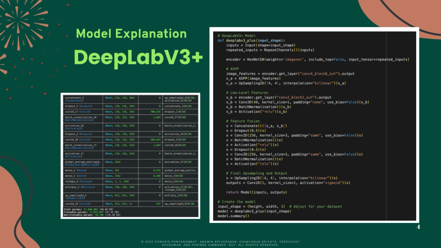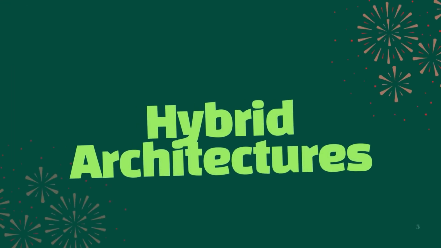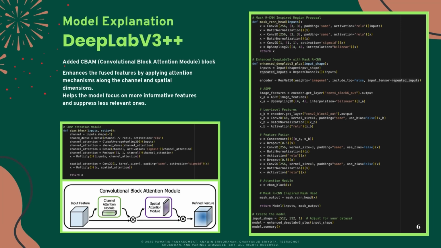It's a good setup, but we thought we could take it even further with a hybrid architecture. So here is what we built: DeepLabV3+ Ultra. It keeps the ResNet and ASPP paths from DeepLab, but we added two improvements. The first one is CBAM.